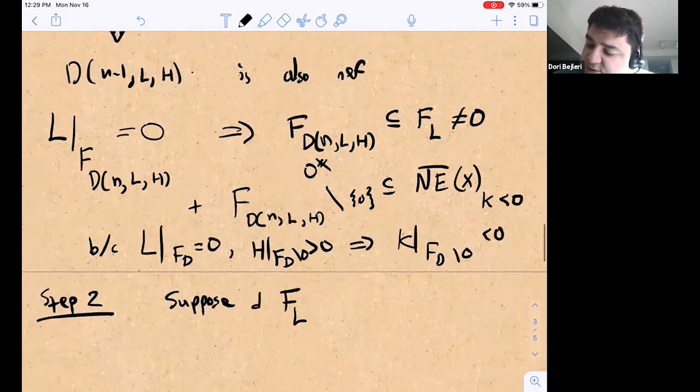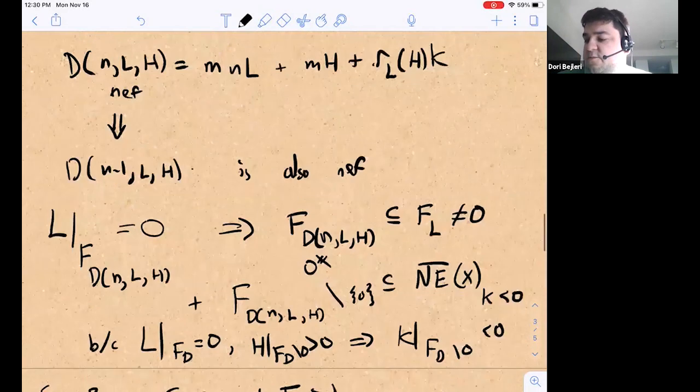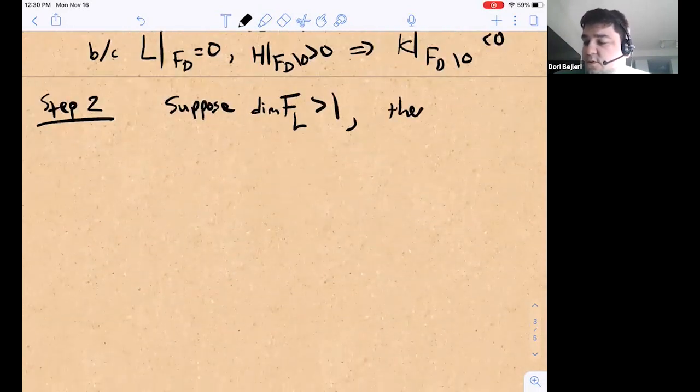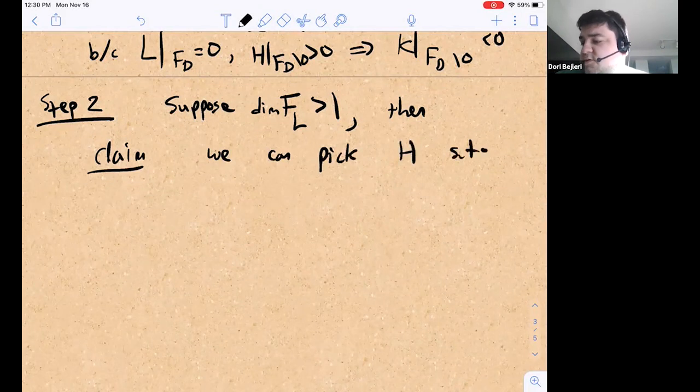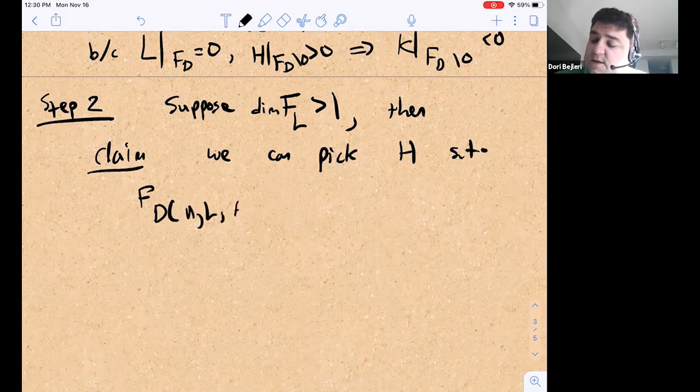So suppose that the dimension of FL is strictly bigger than 1, then the claim is we can pick H such that this new face FD and LH has strictly smaller dimension.